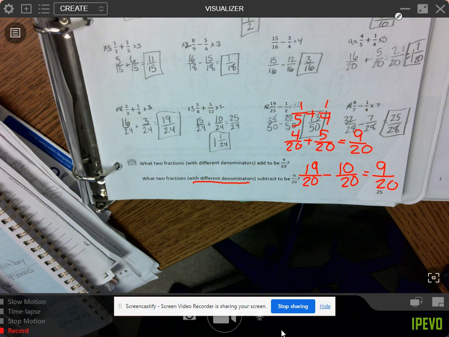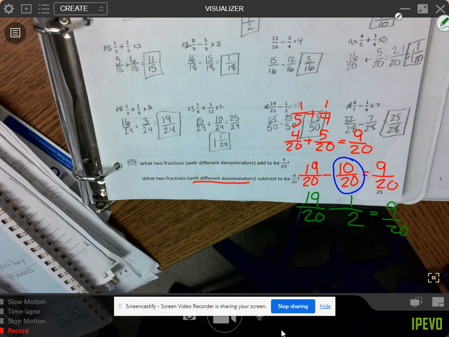I'm looking at this and I see that's a good starting point, but if we look here, we can simplify. So they would have different denominators. What could I simplify 10/20 to, Dom? A half. So I could say 19/20 minus a half equals 9/20.